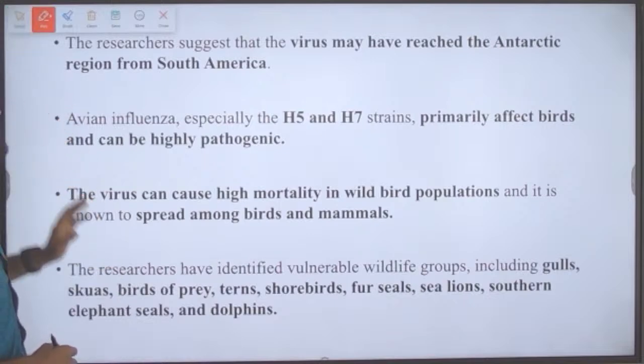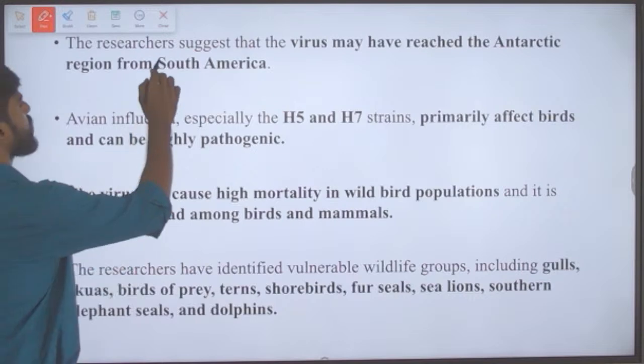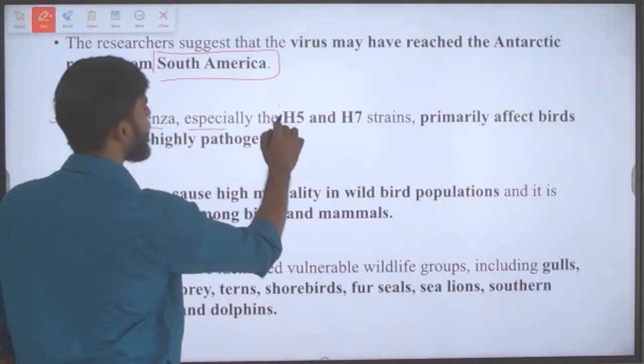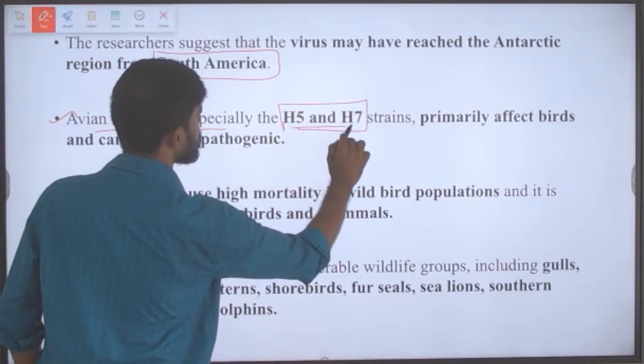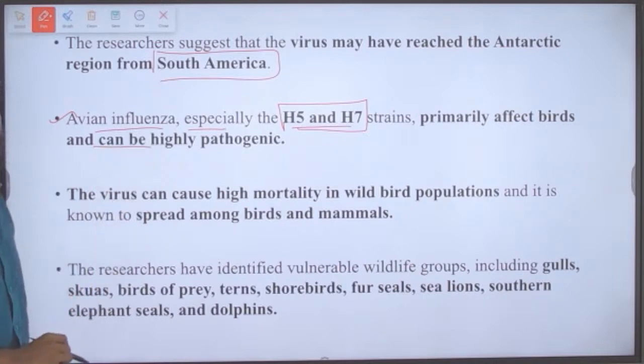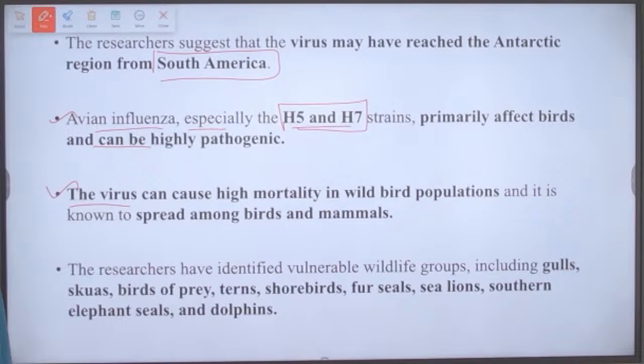Next, researchers have suggested that the virus may have reached the Antarctic region from South America. This avian influenza, especially the H5 and H7 strains, primarily affects birds and can be highly pathogenic. The virus can cause high mortality in wild bird populations, and it is known to spread among birds and mammals, which is important.